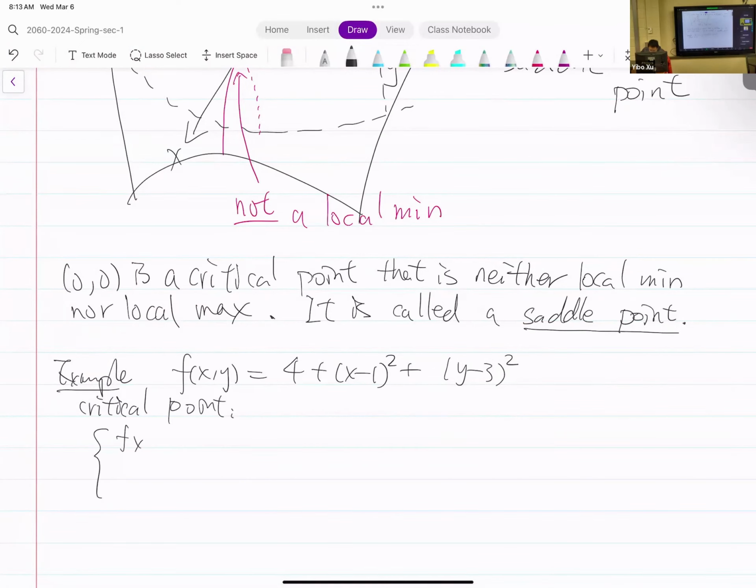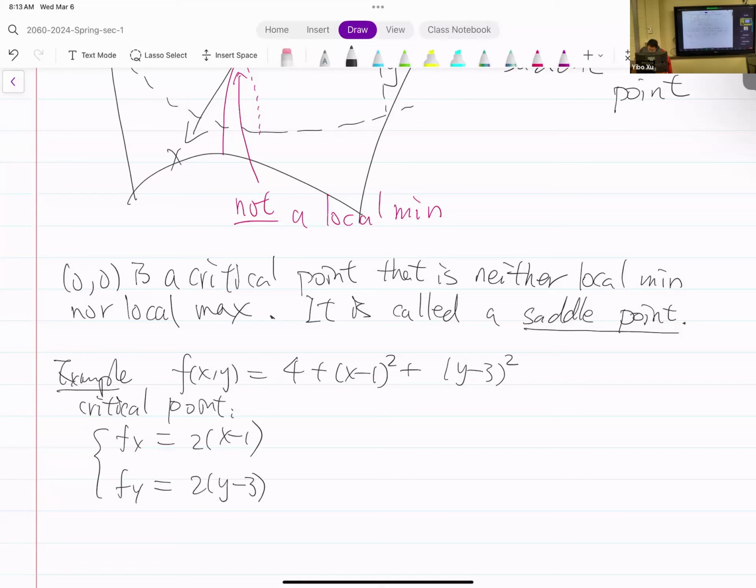So f sub x, f sub y. For f sub x, if you take the partial derivative with respect to x, only the second term in the sum is an expression about x. So that's giving you 2(x minus 1). The partial derivative with respect to y is only the third term, which is (y minus 3) squared, that's involving y. So 2(y minus 3).